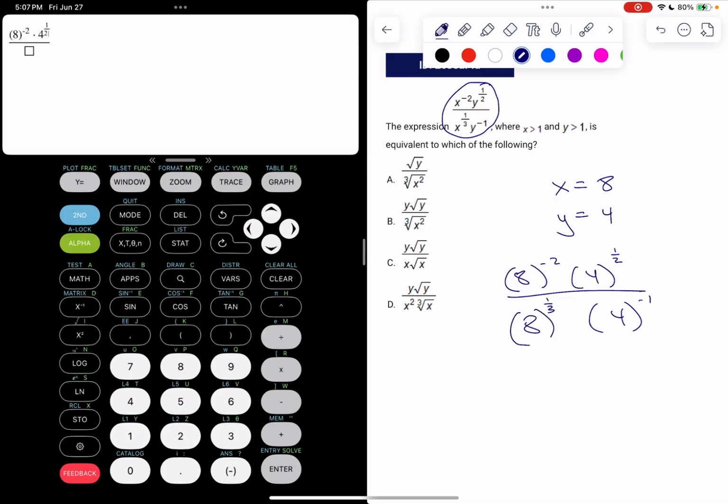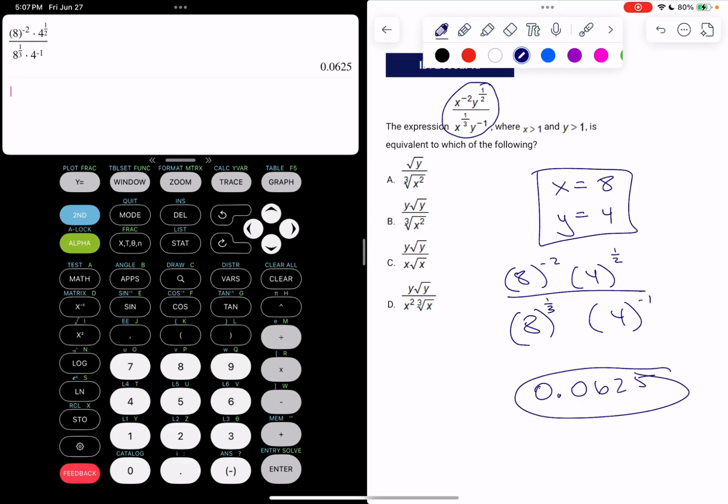Okay, I'm going to go down to my denominator, and I'm going to say 8 raised to the, let me grab my little fraction again, 1/3, and then I'm using my little side arrow to get out of there, times 4 raised to the negative 1. If I hit enter, I get 0.0625.